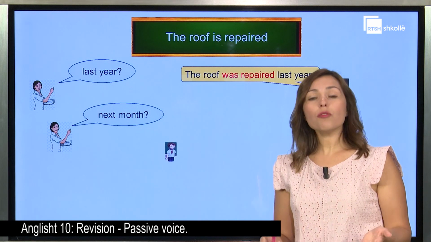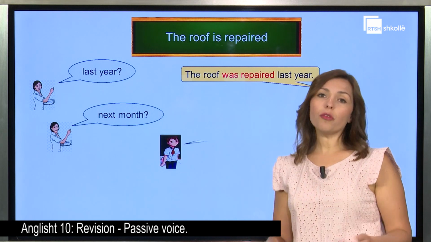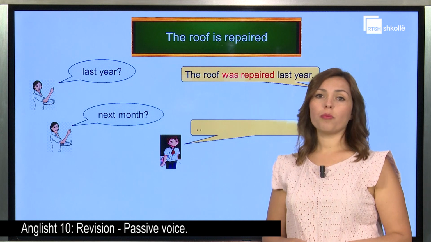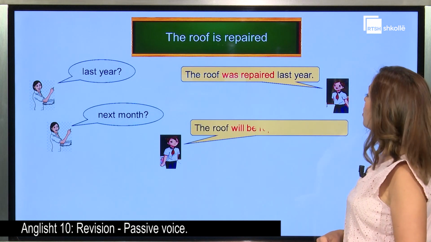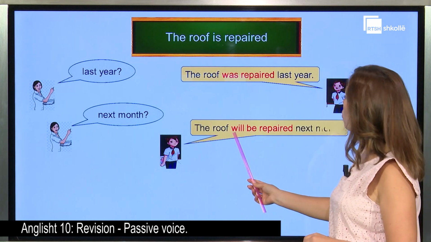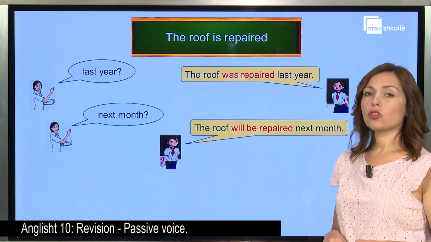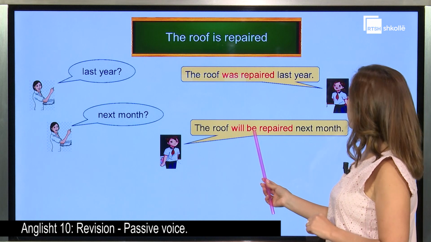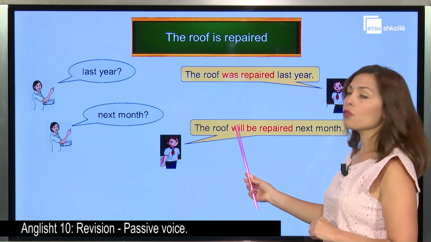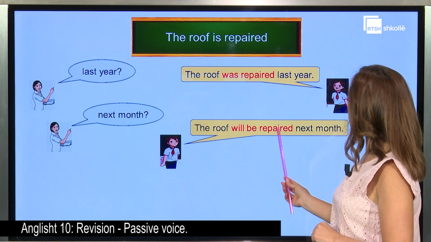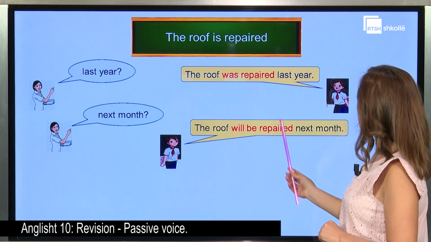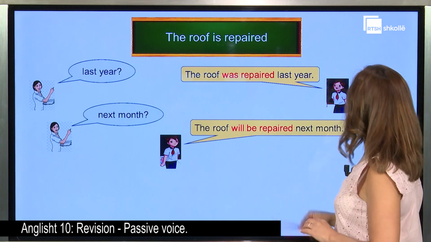So, since it is in the future, we're going to use a future simple form. And the student answers, the roof will be repaired next month. So, will be is the future form. Repaired has remained the same as we said, but it is in the future.